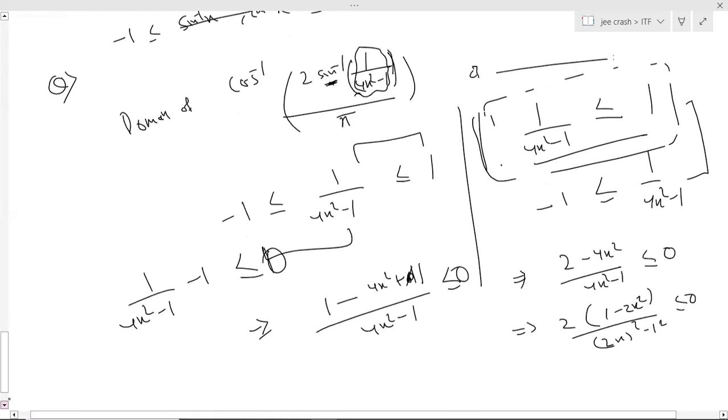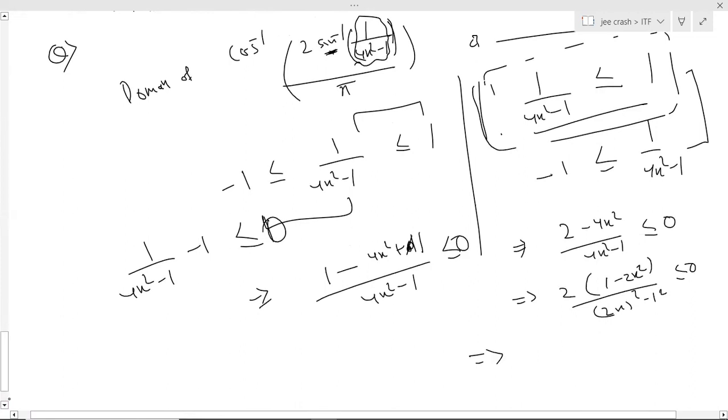Alright, wavy curve method everyone should know. And this is (1 minus root 2x)(1 plus root 2x) upon (2x plus 1)(2x minus 1). Is everyone clear about the steps I did here? Yes or no?